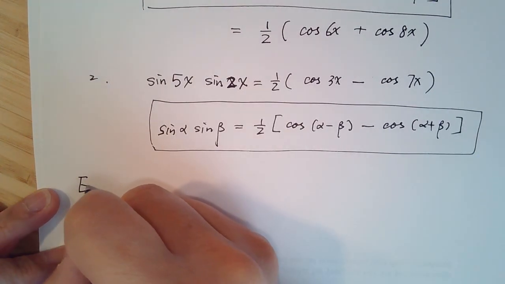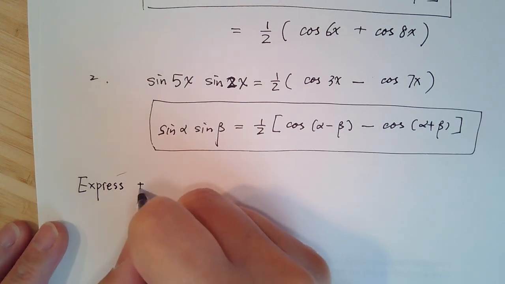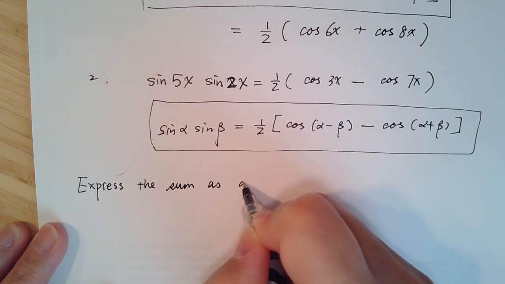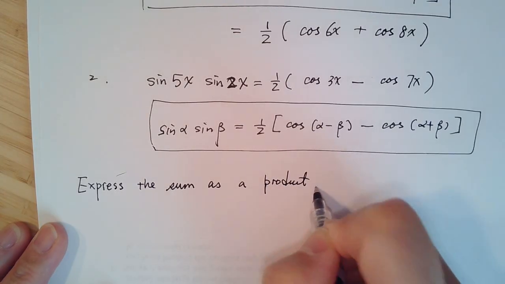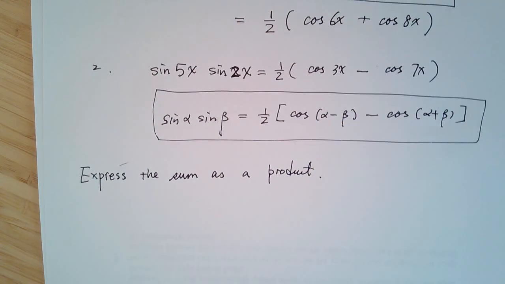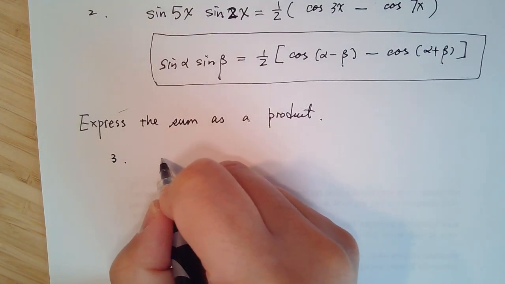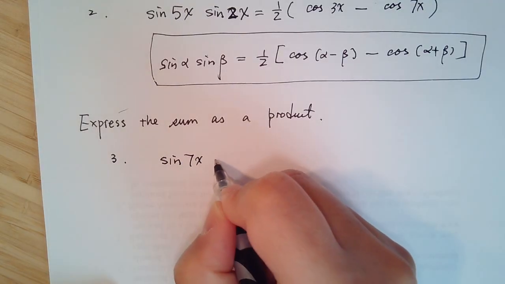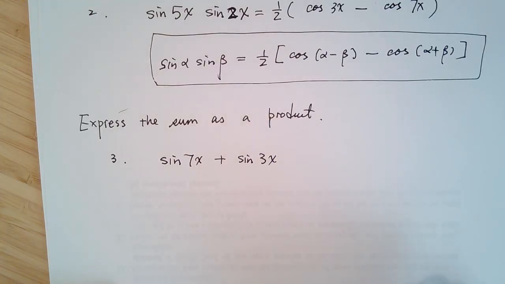Now next, I will ask you to express the sum as a product. So you know that you should use the other set of formulas. Number three, can you do sine 7x plus sine 3x?